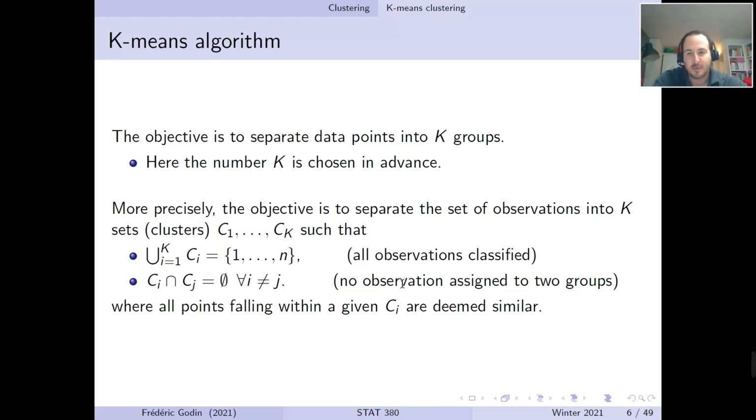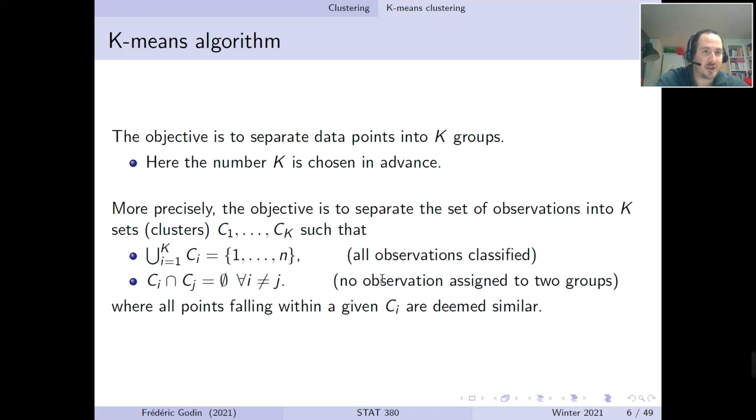More precisely, our objective is to separate the set of all observations in the data set into capital K clusters, C1 until CK, and clusters are subsets of observations where you first want that the union of all clusters is the set of all observations.